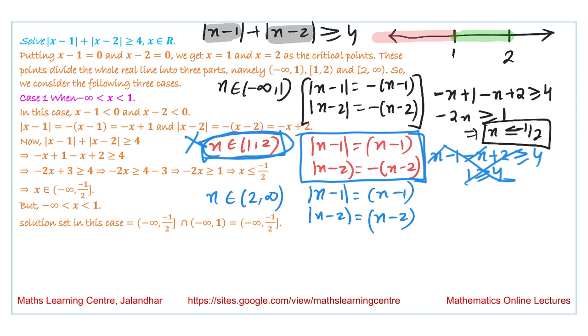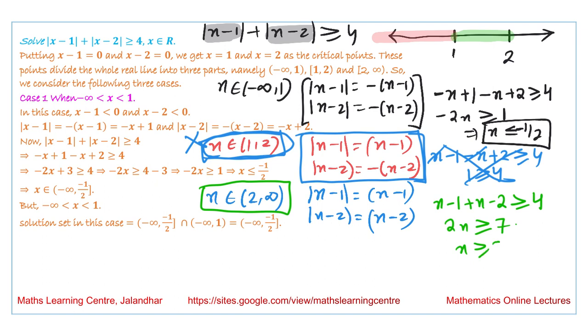Coming to the third part, when x belongs to 2 to infinity, this function will become x minus 1 plus x minus 2 is greater than or equal to 4. We get 2x is greater than or equal to 7. So x is greater than or equal to 7 by 2.